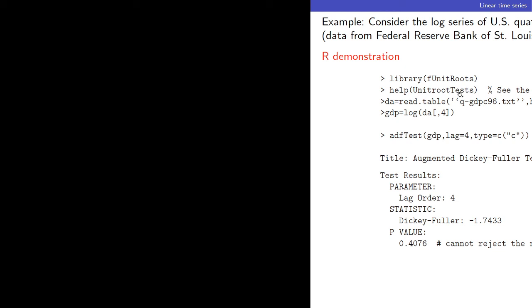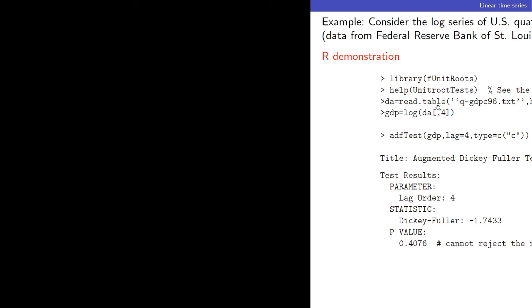So we're going to import the corresponding library. If you use the command help, it will show you on the screen the tests we can do. We read the table, we build our logarithmic series, and we will run the ADF test directly.